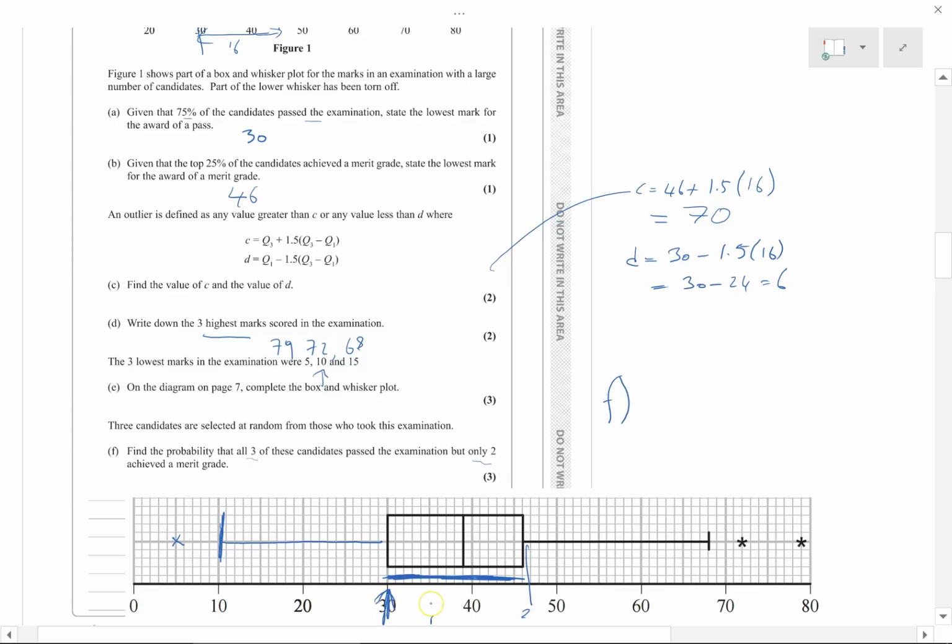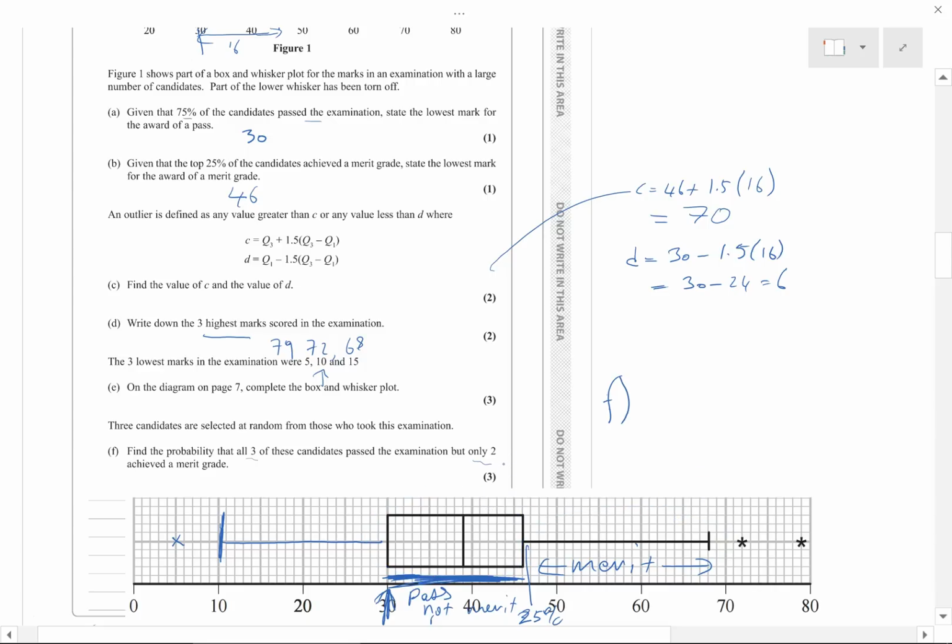Anyone who's above the lower quartile passes, and anyone who's above the upper quartile gets a merit. So all these students here get a merit. All these students get a pass mark but not merit. The ones in the middle, kind of half there in the main box bit here. So this is 50% of them, and this is 25% of them.